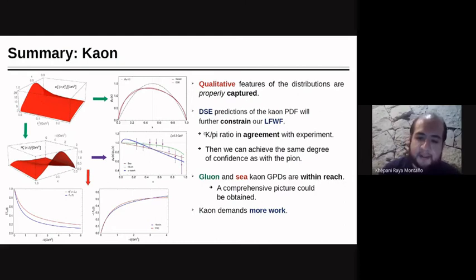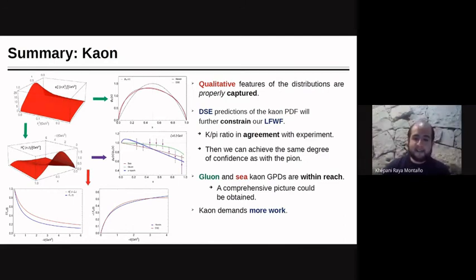We have found that the ratio of the u in the Kaon and the u in the Pion produces a nice agreement with experiment, and through the evolution procedure we have been able to also show the c and the gluon ratio. And once we get the same degree of sophistication that we have achieved with the Pion, then we will be very proud and confident in the Kaon light-front wave function too.